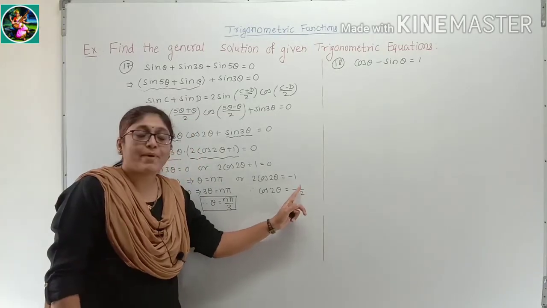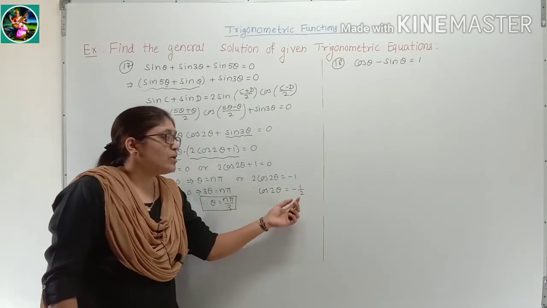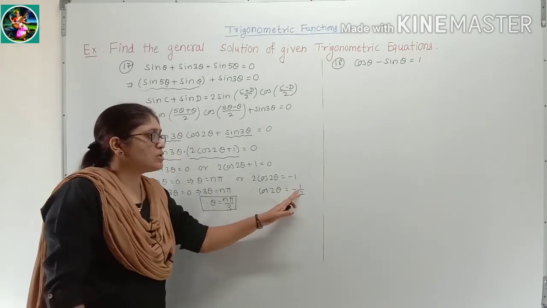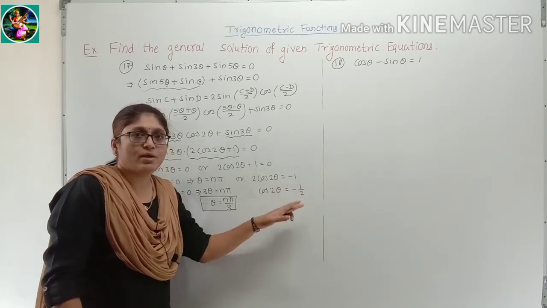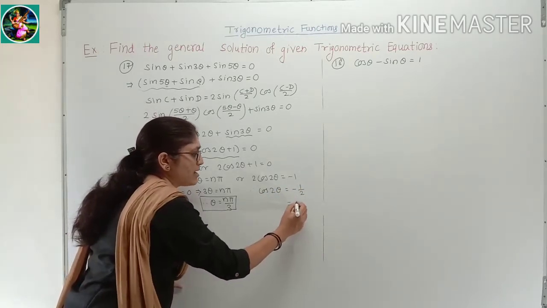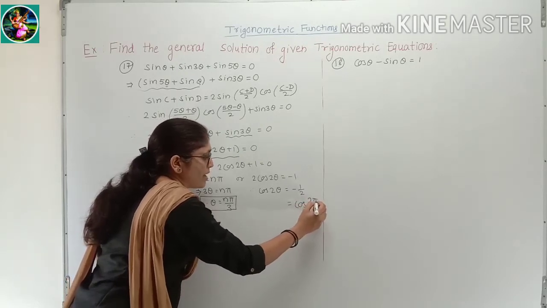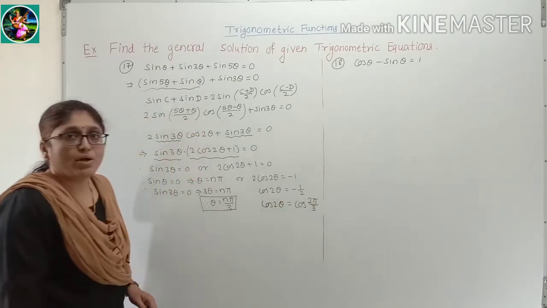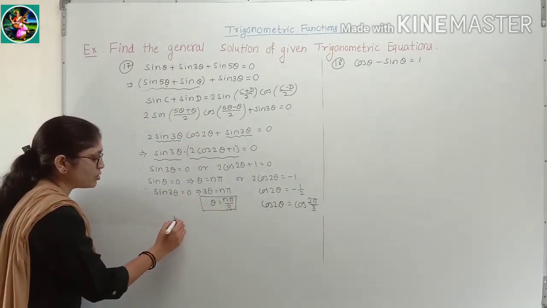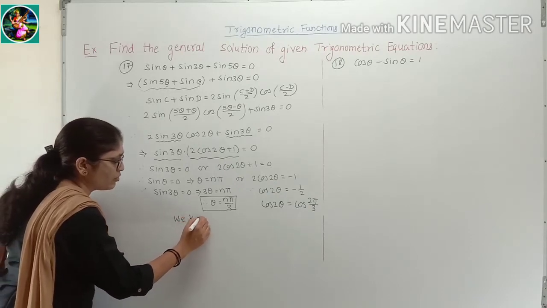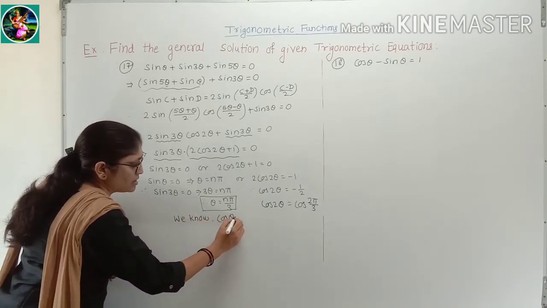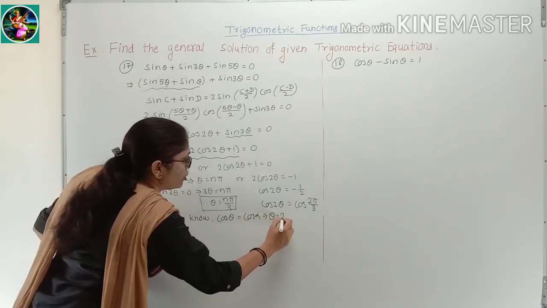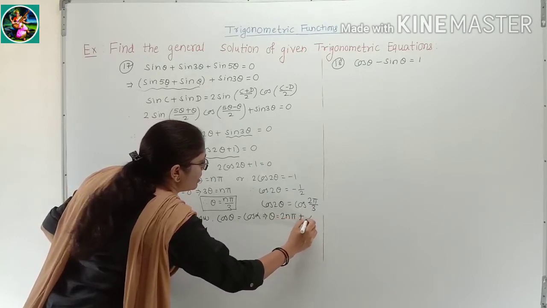We know that cos of pi by 3 is 1 upon 2. If we use the allied angle formula, we get the solution for cos theta equal to minus 1 upon 2, that in the right hand side we get cos of 2 pi by 3. Therefore, cos of 2 theta is equal to cos of 2 pi by 3, and we know the solution for cos theta is equal to cos alpha gives theta is equal to 2n pi plus or minus alpha.